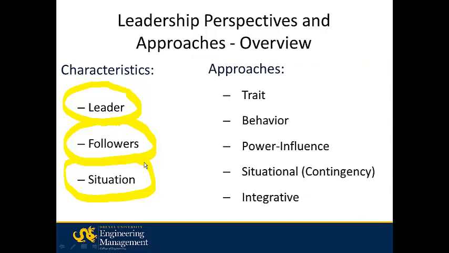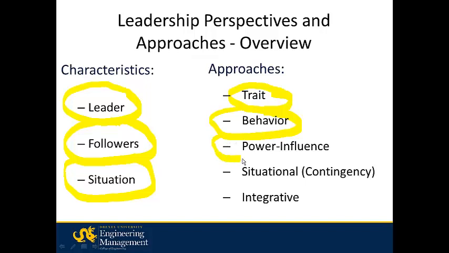The second way to look at this idea of leadership is around approaches. Once again, I'd encourage you to go to the first chapter of your textbook and look at the 5 different approaches. The first is a trait approach, which focuses on the different traits that a person in a leadership position has. The second focuses on different behaviors, the visible behaviors that they do and how that affects their followers.